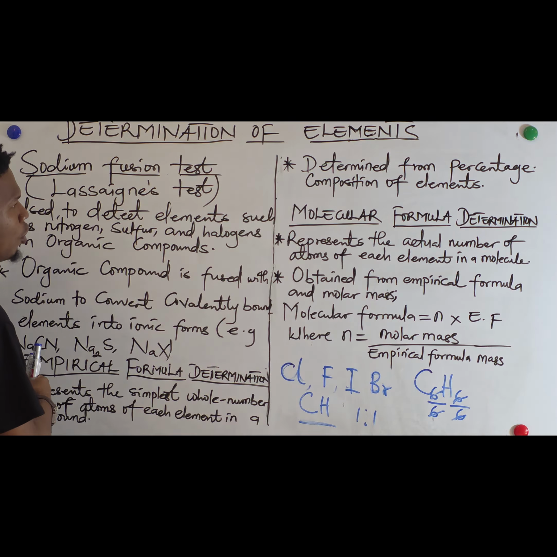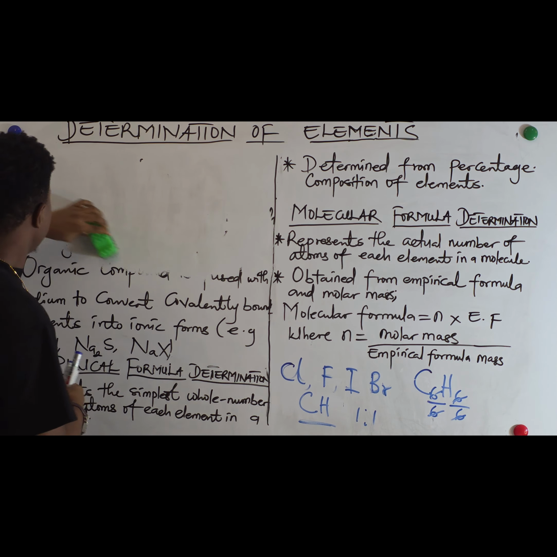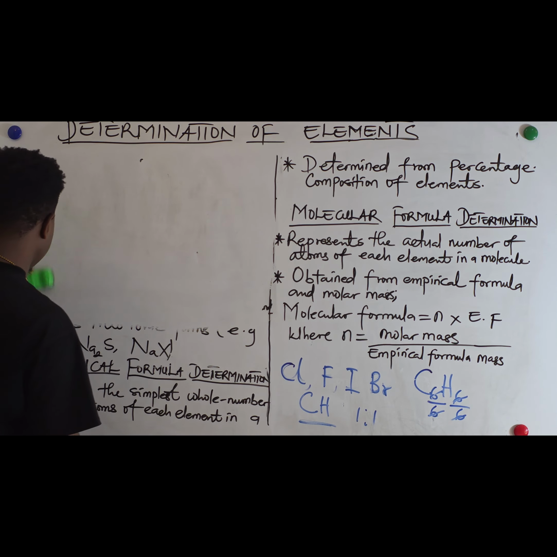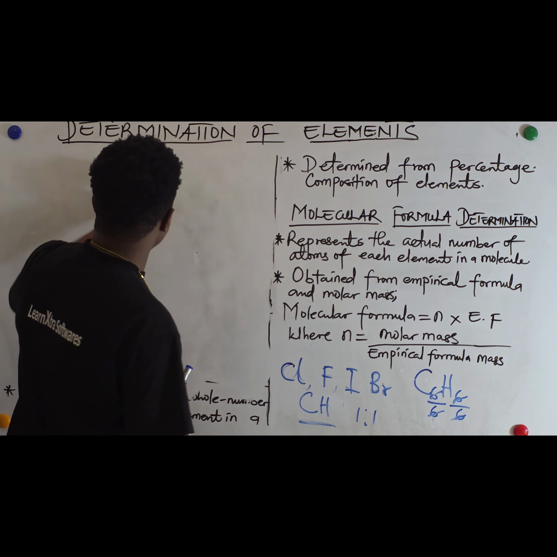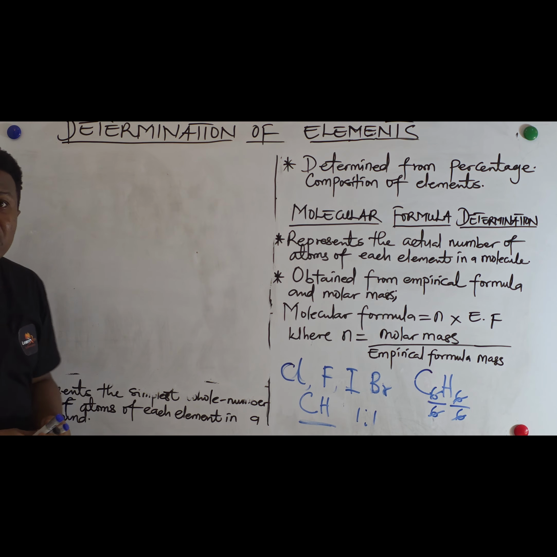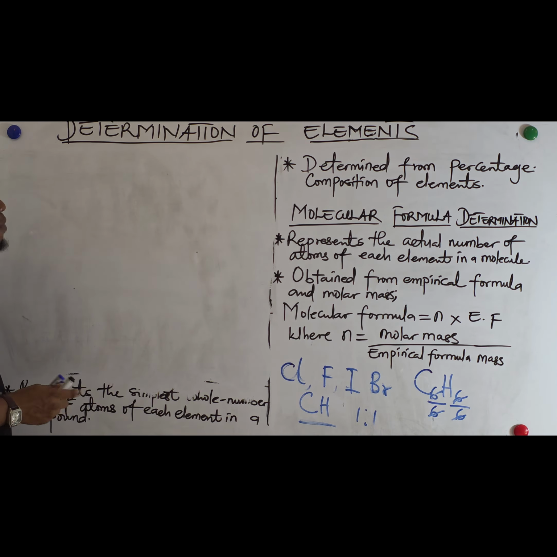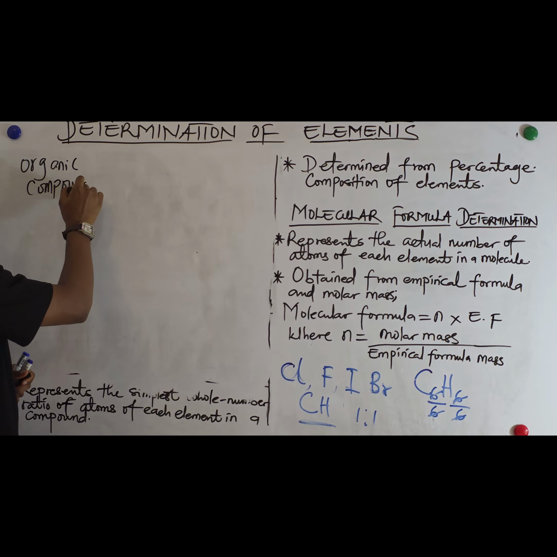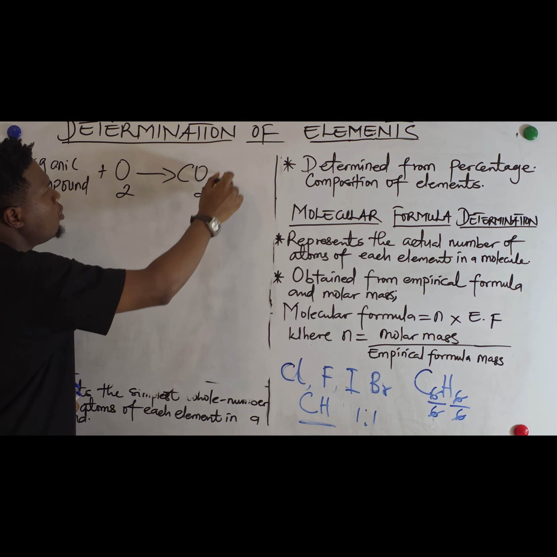So how do we determine the empirical formula of an organic compound? We can determine it from the percentage composition. Remember that if an organic compound reacts with excess oxygen, I will definitely have CO2 plus water.